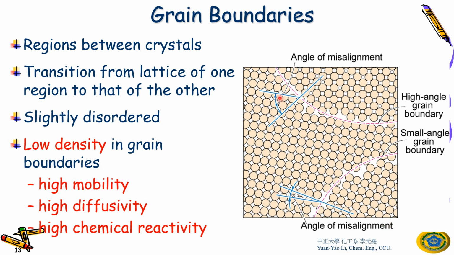So you have a high angle grain boundary and a low angle grain boundary. Of course, you understand the low angle grain boundary gives a better answer in terms of density.